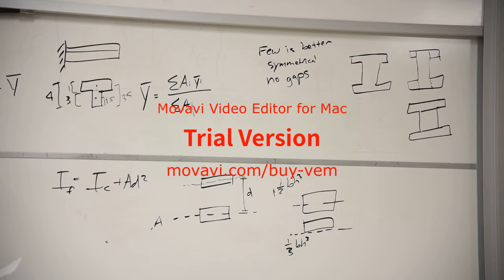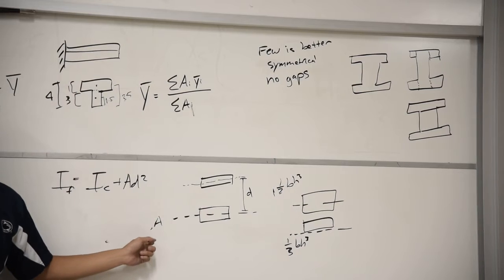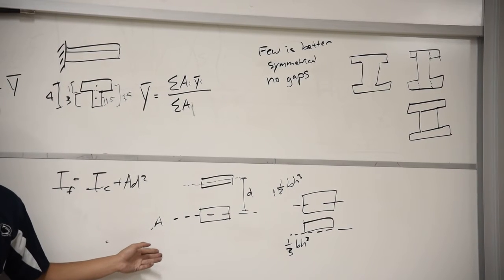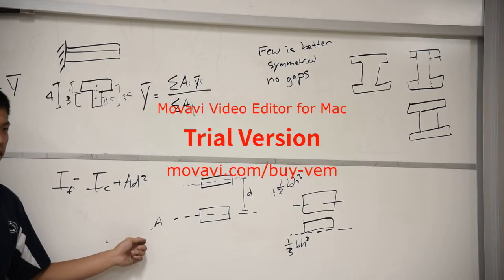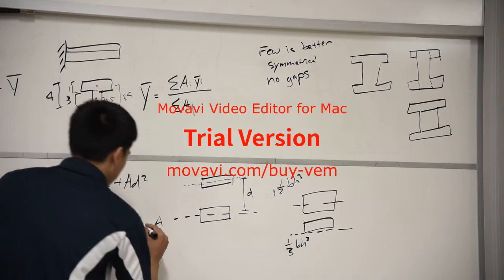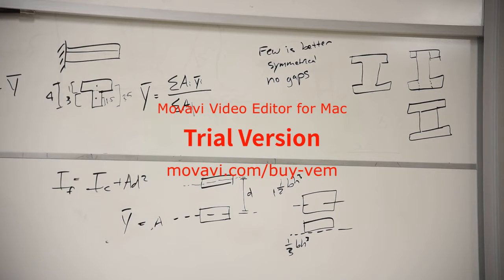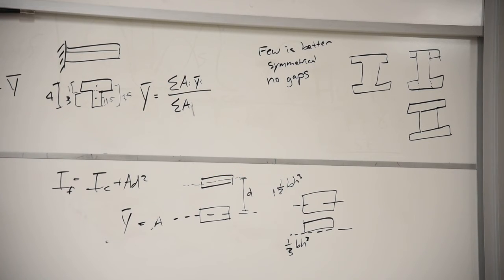So don't miss that. So the question is, what is this axis? This axis is the y bar, right? Pretty sure. Yes, that would make the most sense. This is the y bar. Big y bar.